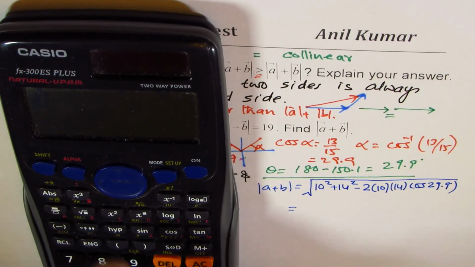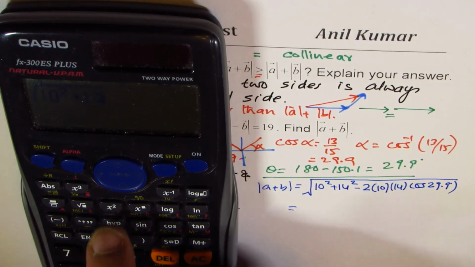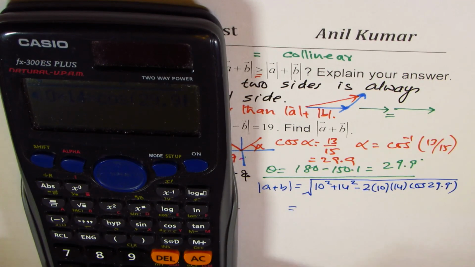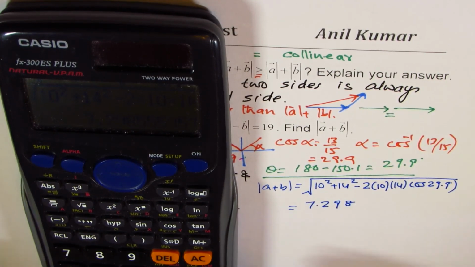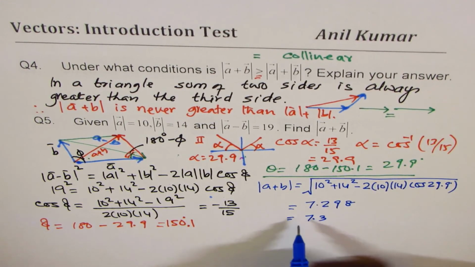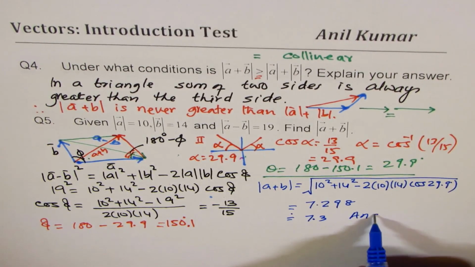It is square root of 10 square plus 14 square minus 2 times 10 times 14 times cos of 29.9. I should close the bracket actually. And then we'll say equal to, so we get 7.298. Or approximately, you can say that the magnitude is 7.3. Is it okay? So that becomes the answer for the given question.